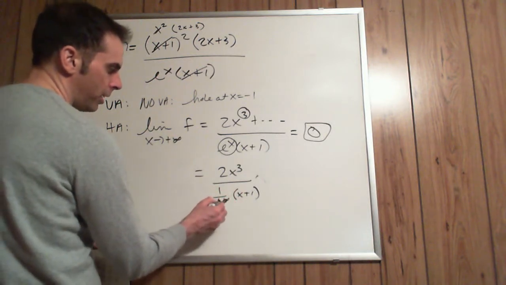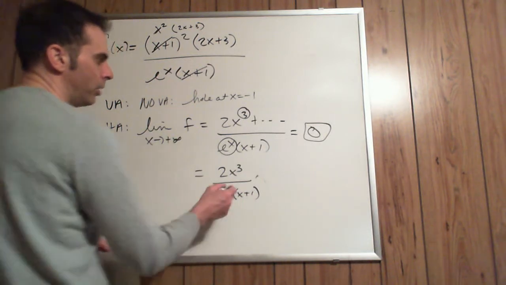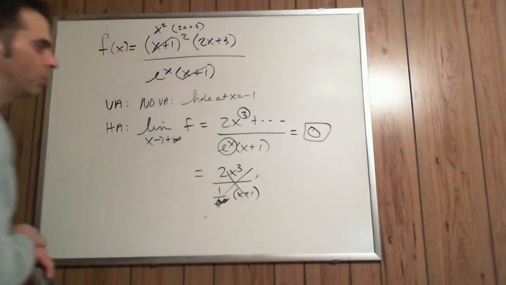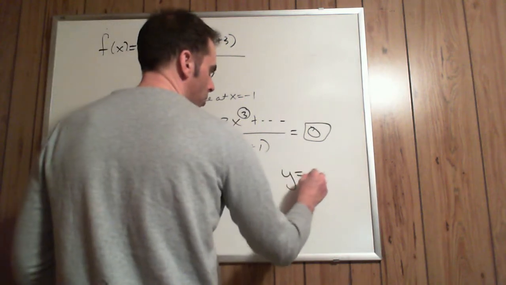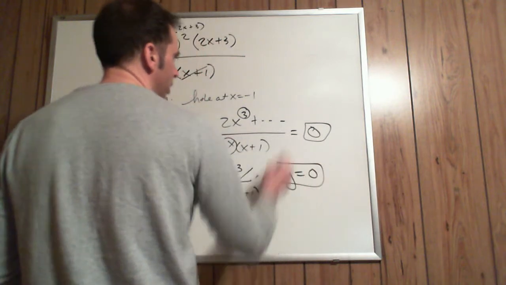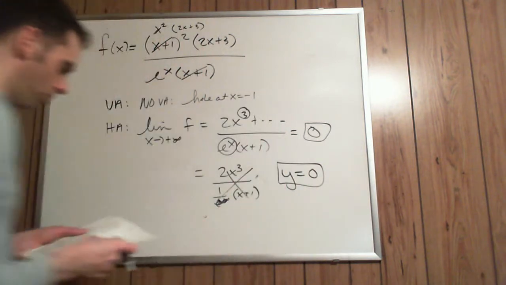So 1 over infinity is 0 times this, so that's not going to exist at all. So we only have one horizontal asymptote, and that would be at y equals 0. Remember, horizontal asymptotes are y equals a constant, and verticals are x equals a constant.